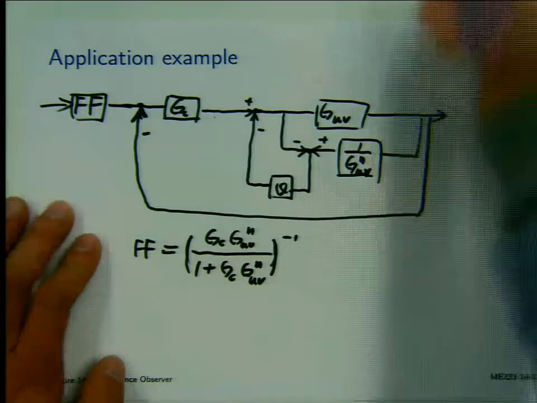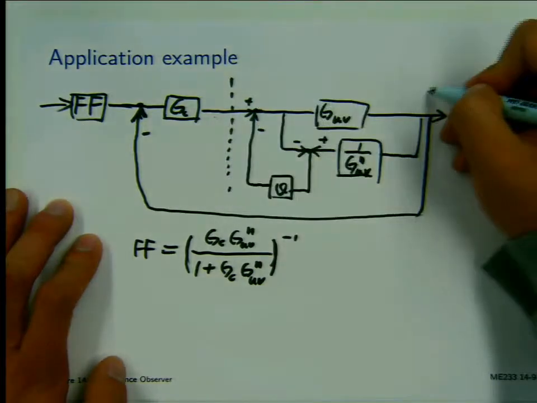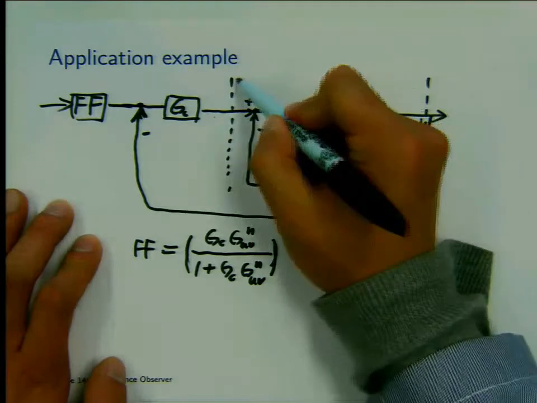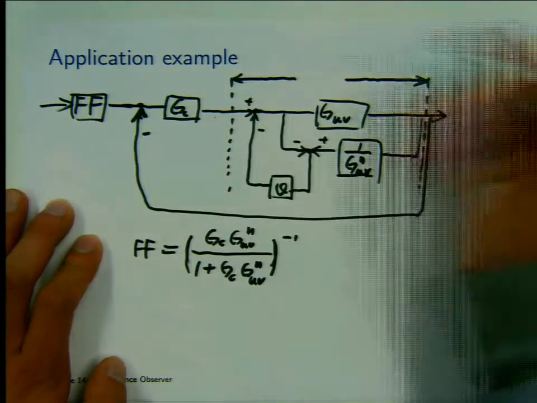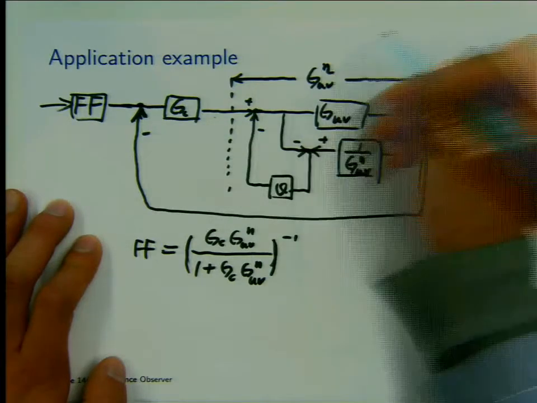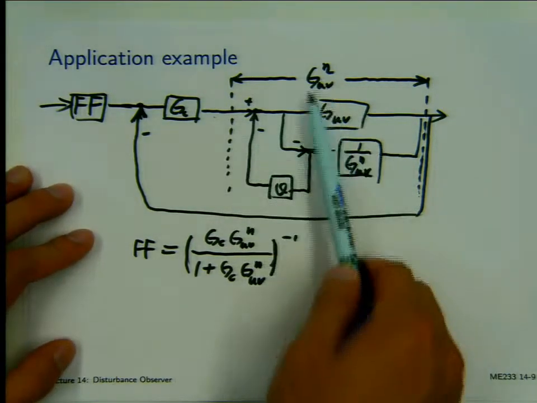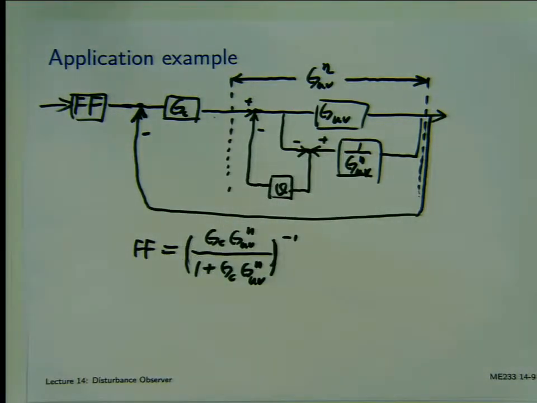This is for the reason that we have analyzed earlier that with a disturbance observer, we can achieve nominal model following under certain design of Q. Because this entire dynamics looks like G_uv nominal, we can do the feed-forward design this way.